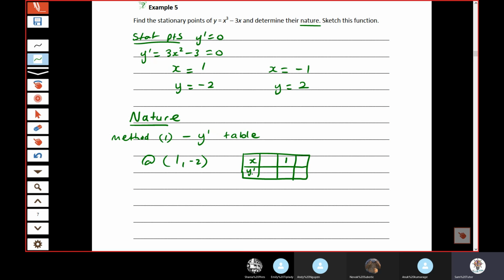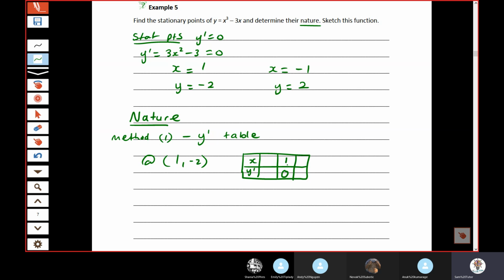What does y dash equal when x is 1? Anyone? Any ideas? 0. y dash is equal to 0, isn't it? That's what you solved. y dash equals 0 when x is 1. y is negative 2.